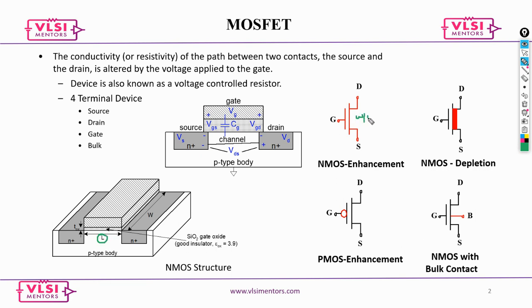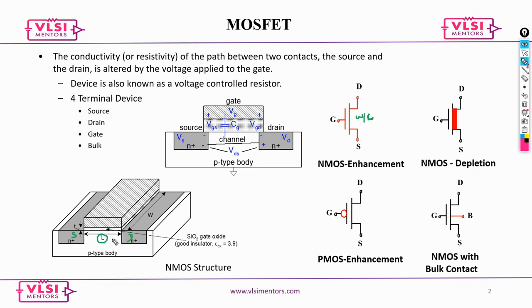I mentioned W and L. It is basically the distance between your source and your drain. When you say poly length, it is nothing but your transistor length.